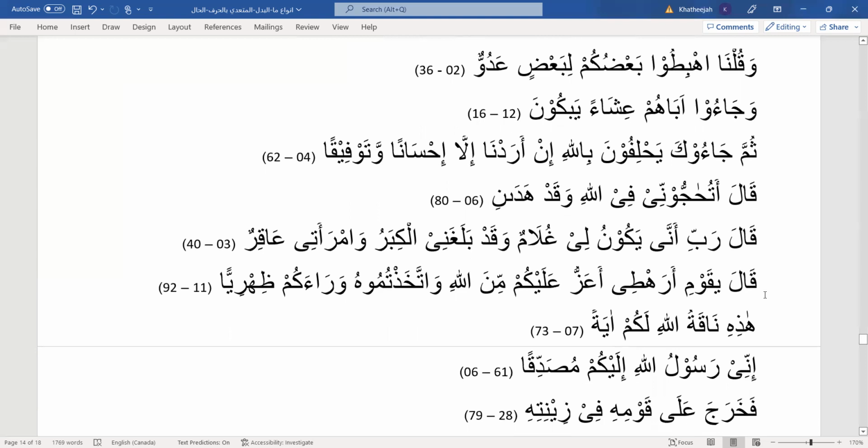Now, another example. قال يا قوم أرهطي أعز عليكم من الله واتخذتموه وراءكم ظهريا. This is from Surah Hud. Some of you may remember the context of this ayah. This is, I believe, about Shu'ayb alayhi salam, because we did that recently.